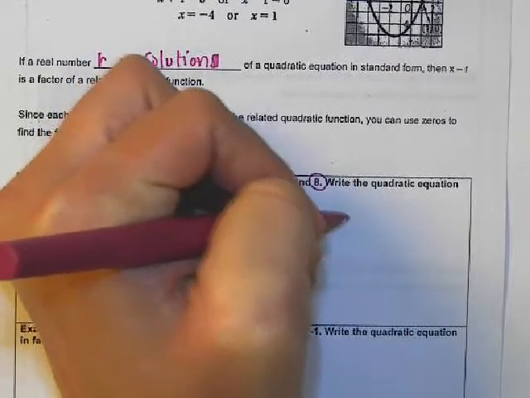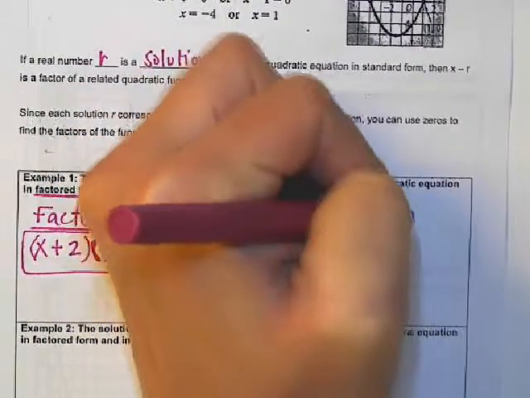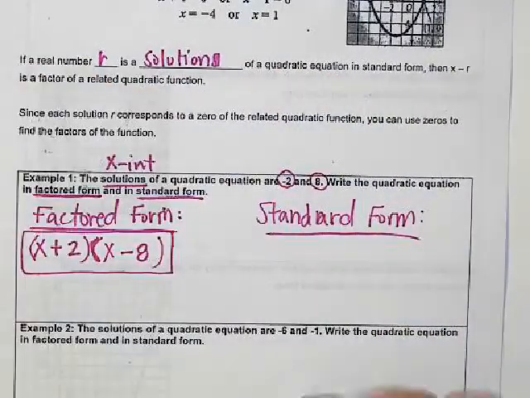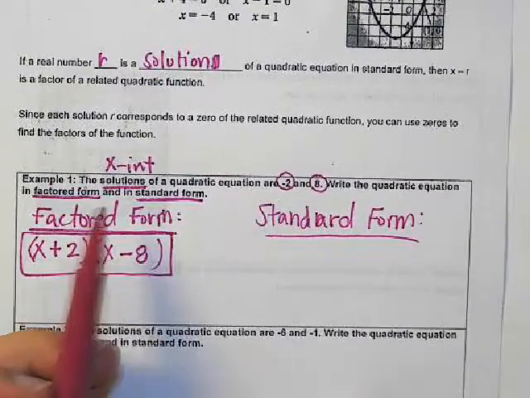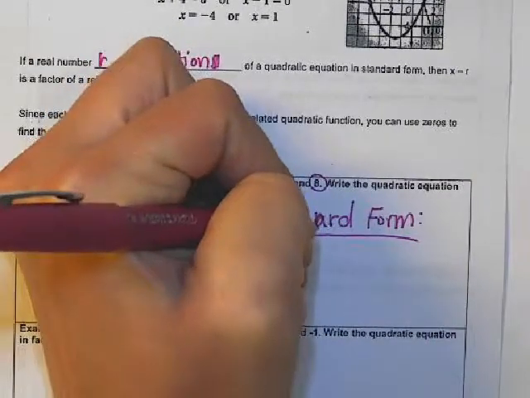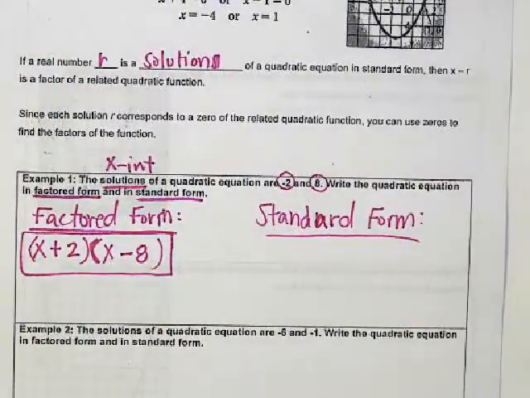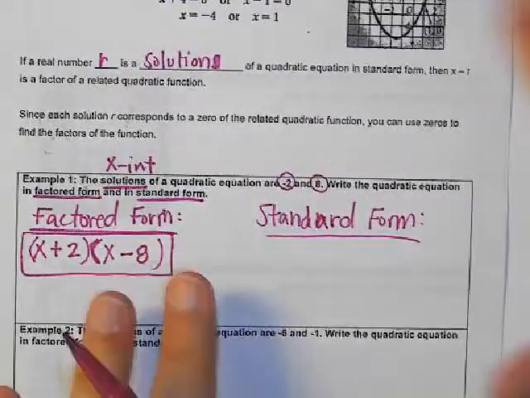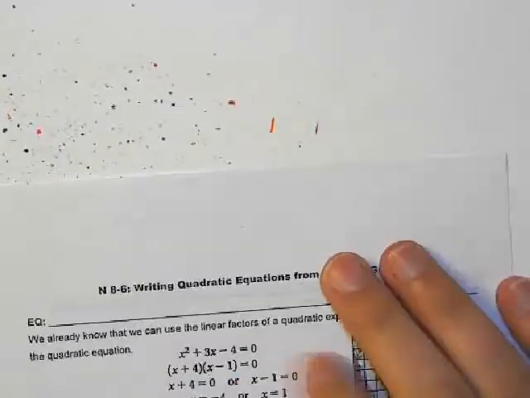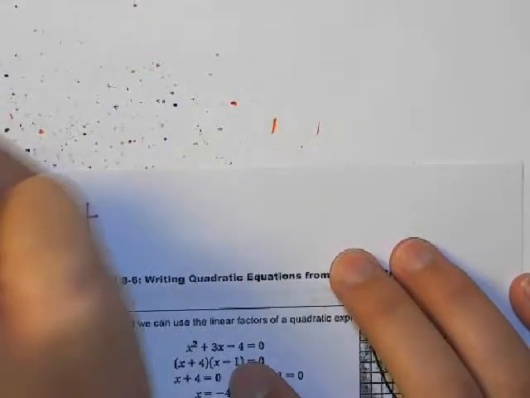Standard form. Standard is written right here, which I probably should have copied because I spelled it wrong. Okay, standard form. Who can tell me what standard form is? It's an equation. At the top, I want you to write it.